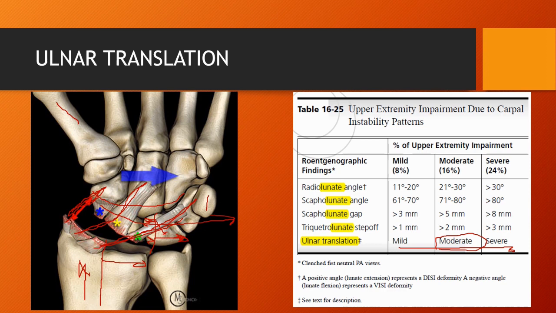So when you order these imaging studies for your examinees, make sure that the imaging facility is fully aware of the necessary images that you need for the assessment of these various dissociative and non-dissociative forms of carpal instability, including in this case ulnar translation.